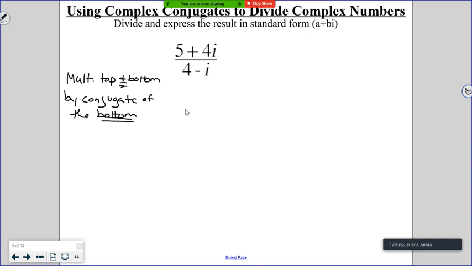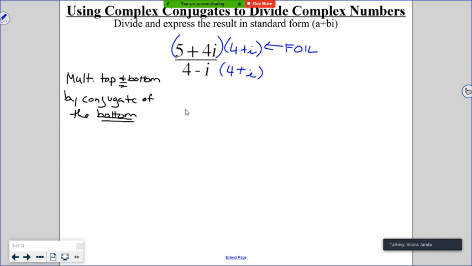So the conjugate of the bottom of this one, again, it's got to be the same two numbers, 4 and 1, but we change the sign between them. So 4 plus 1i, and that's what we use for the top and the bottom. In the top, you are just going to have to FOIL.